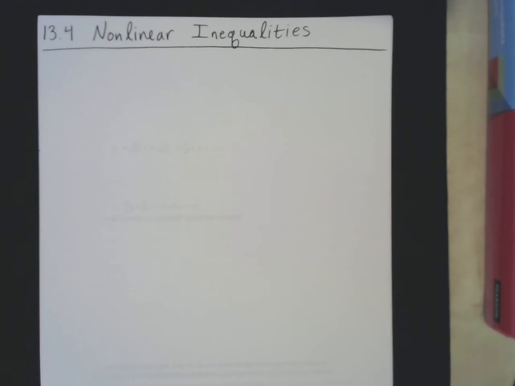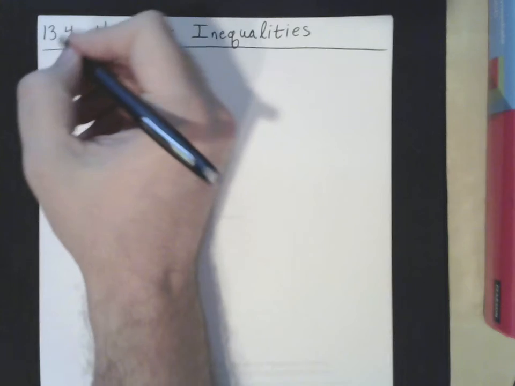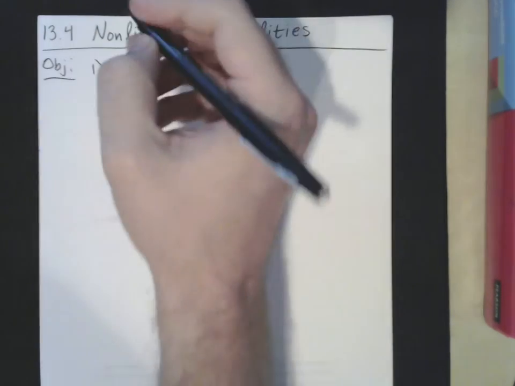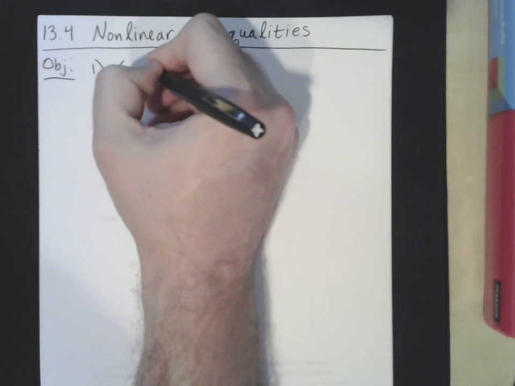Okay, 13.4, this is our last section of chapter 13, and this is all about nonlinear inequalities. So we have two things to talk about in this section. The first is how to graph nonlinear inequalities.